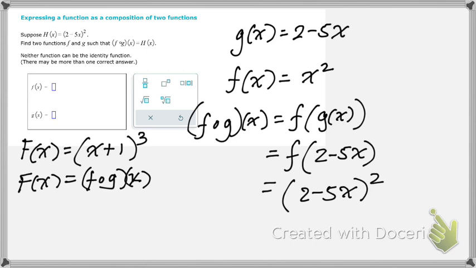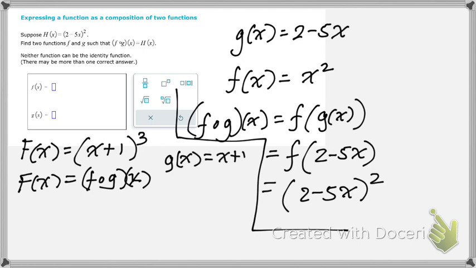So what's f and g? I'm going to take g first. I'm going to say that g of x is equal to x plus 1, and f of x is equal to x cubed. Easy as that.